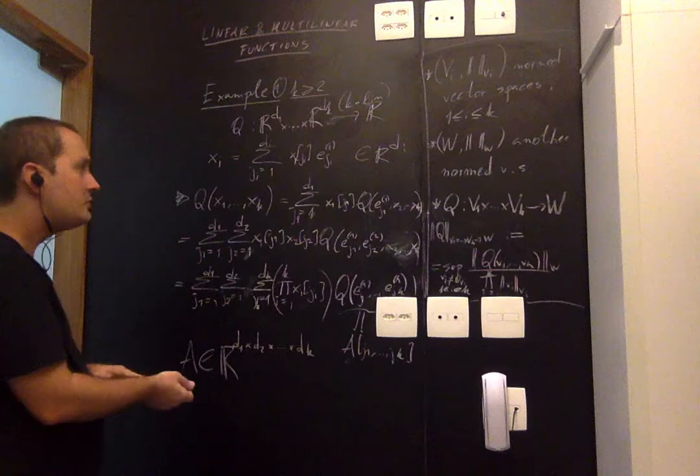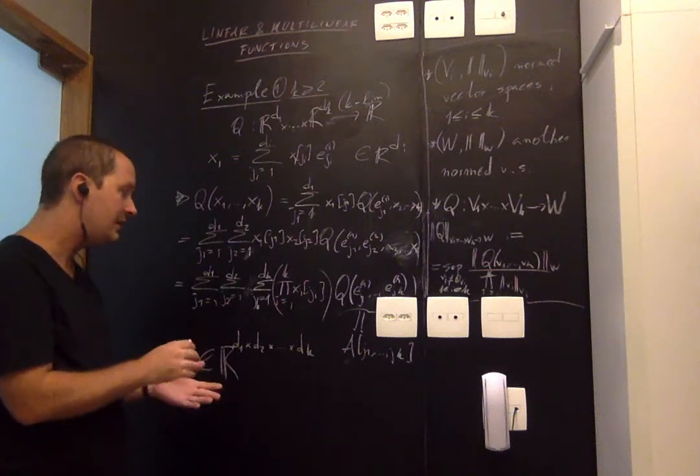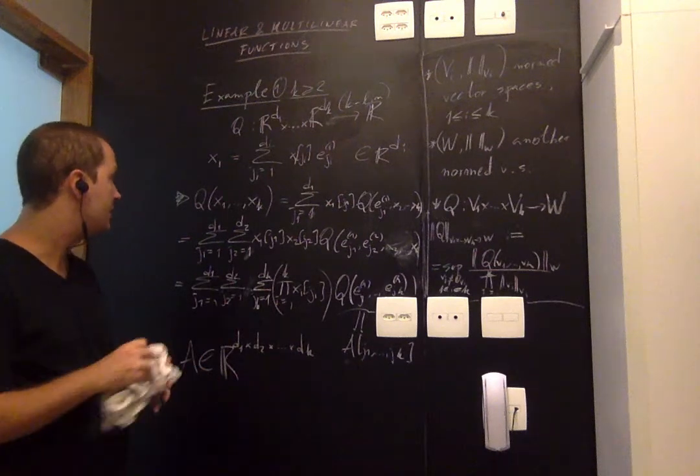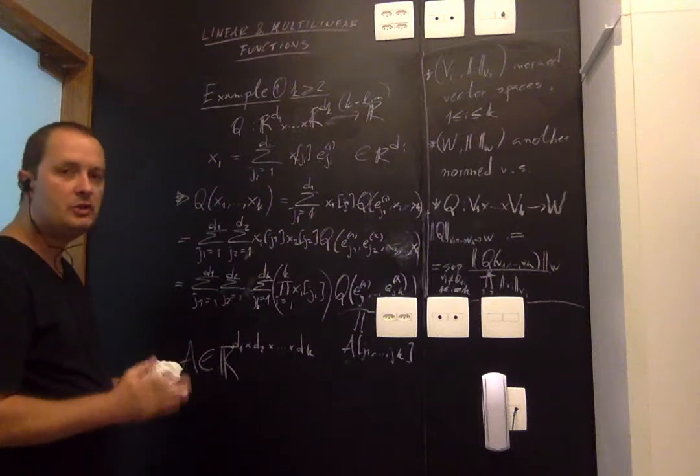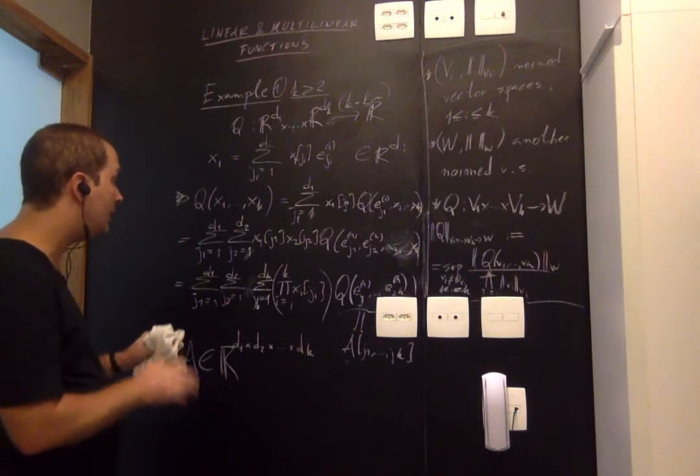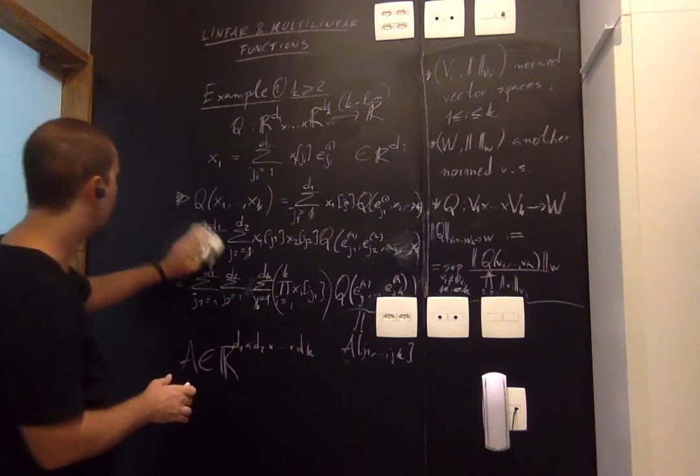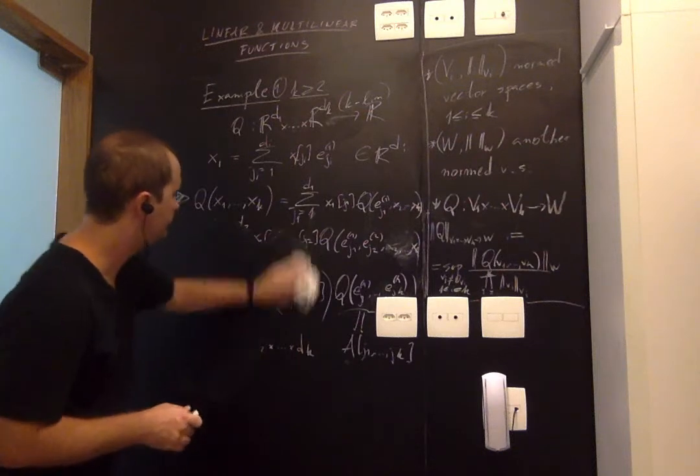This is very similar to what we have with matrices defining linear transformations, except that we're writing things a slightly different way. Let me show that in the case k equals 2. I'm going to erase everything and write it down.